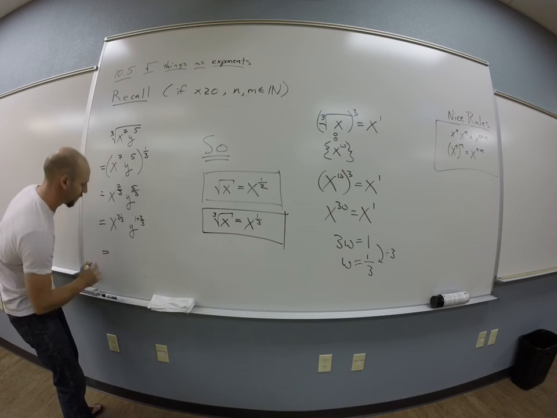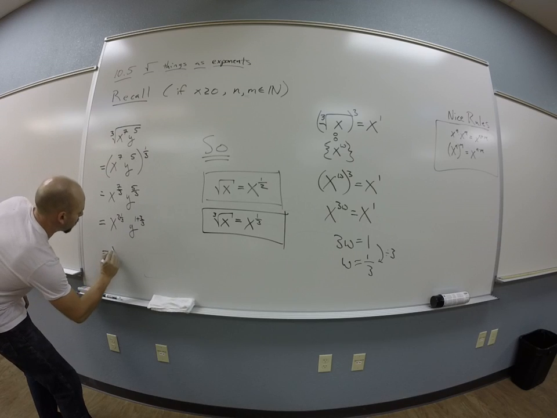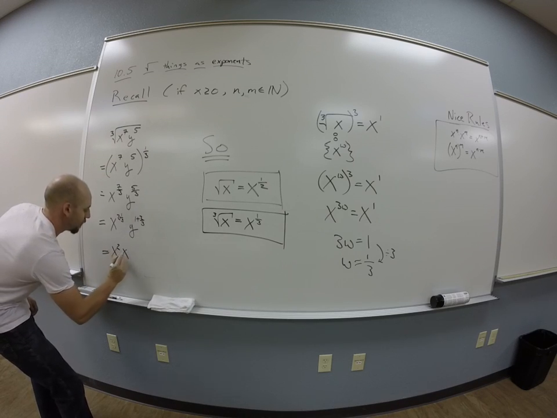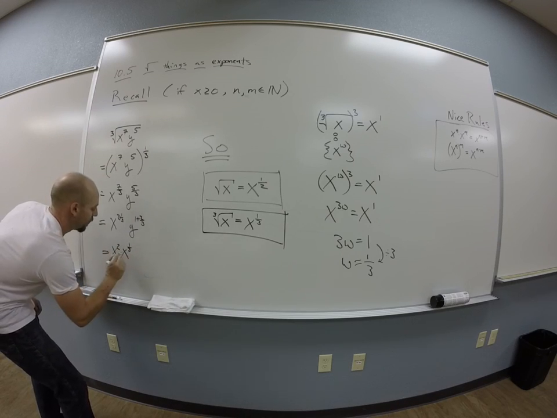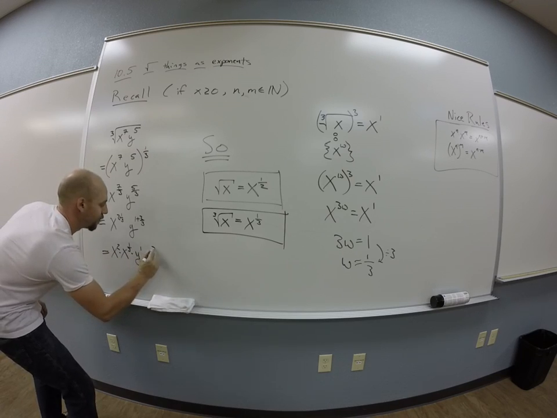And I can say, okay, that's, using my other rule about addition, that's x squared times x to the 1/3 times y to the 1 times y to the 2/3.